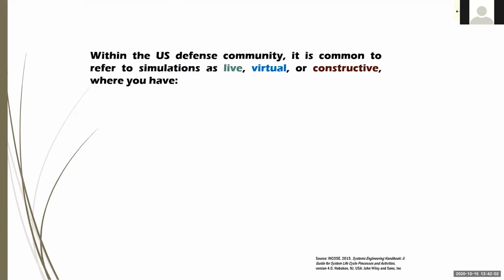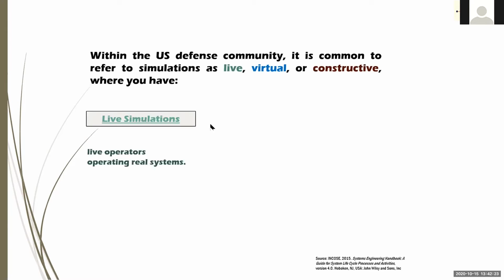Now, some of you may be working on projects related to the Department of Defense, and over there, they use three different names for the types of simulations: live, virtual, and constructive. Let's try to understand what they mean. In a live simulation, you need a live operator, and also the system is real.